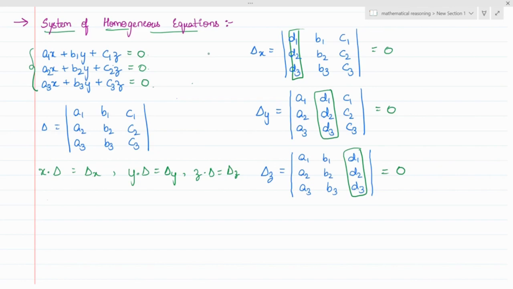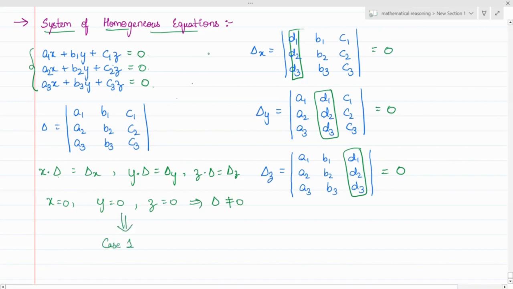So automatically x will be 0, y will be 0, and z will be 0. And this is possible only when delta is not equal to 0. So this is the basic solution, basically case 1, that is a unique solution.